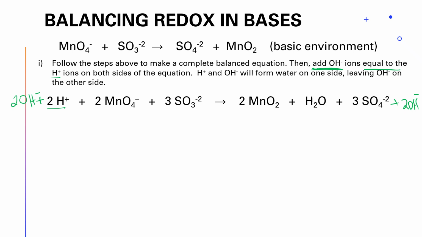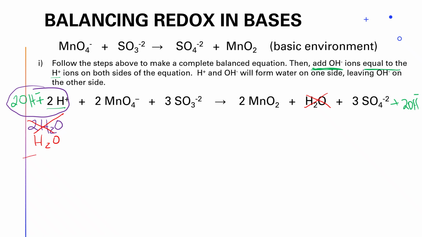When I do that, the hydrogens and hydroxides on the left will become 2 waters. And now that I've got 2 waters, those 2 waters will cancel with a water on the other side to leave 1 behind.